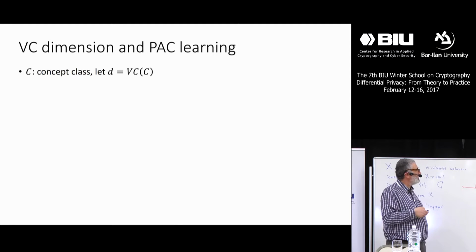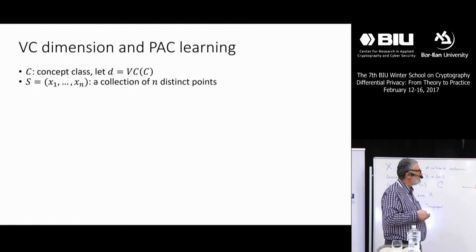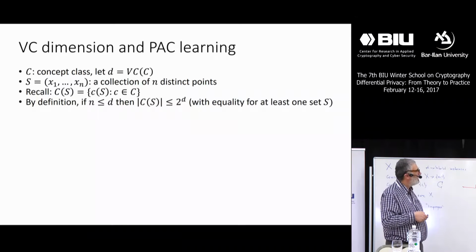So let's begin with a concept class, and let's denote its VC dimension as D. We can show several things. For instance, if we have a collection of n distinct points, we know that the number of different labelings, I also used the term dichotomies, that we can have for the set S is bounded by the following.